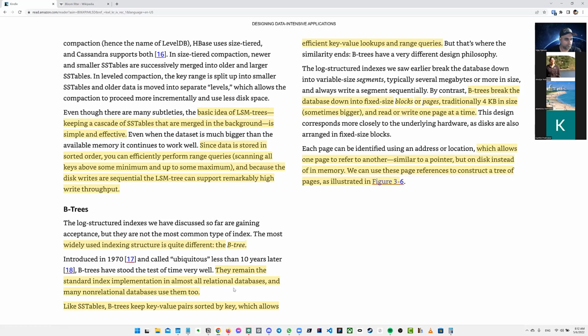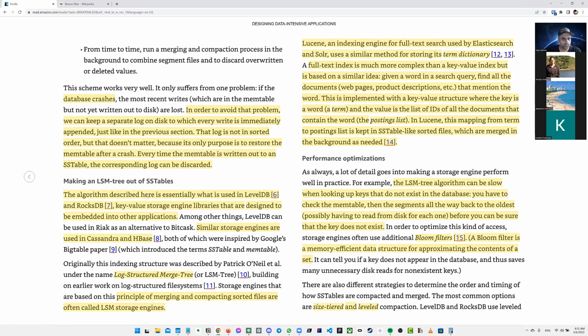With the LSM tree, writes are super fast because it's append only, right? And any compaction happens in the background. So that's why the write is optimized. The reads have an optimization to make them faster, which is to keep the keys sorted, but you still have to go through however many segments you have on your machine.